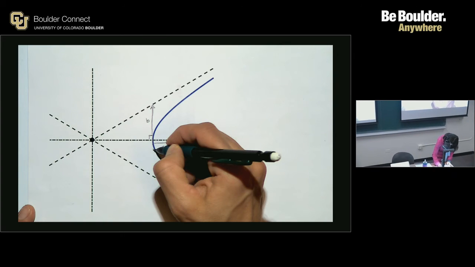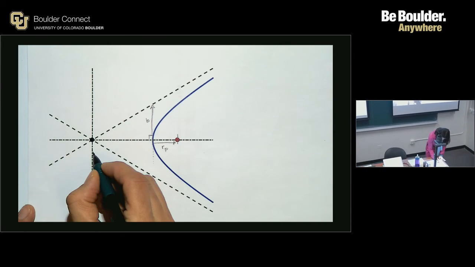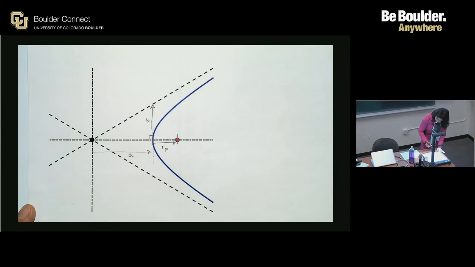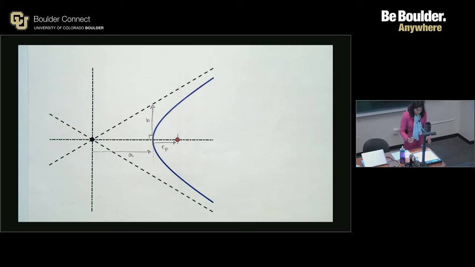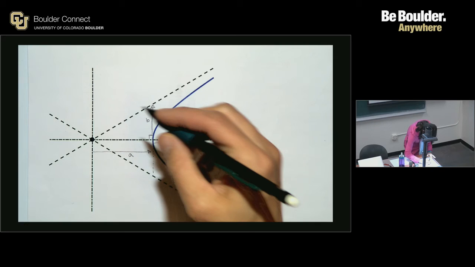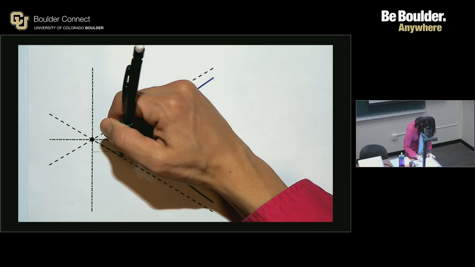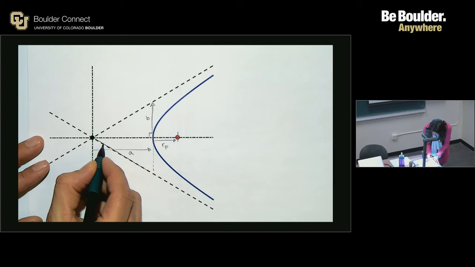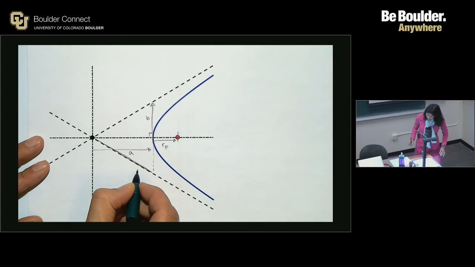And this value is the semi-major axis. And this tangent line right here, if we've got a and b, anybody have any brilliant guesses as to what this tangent line is? c. Okay.